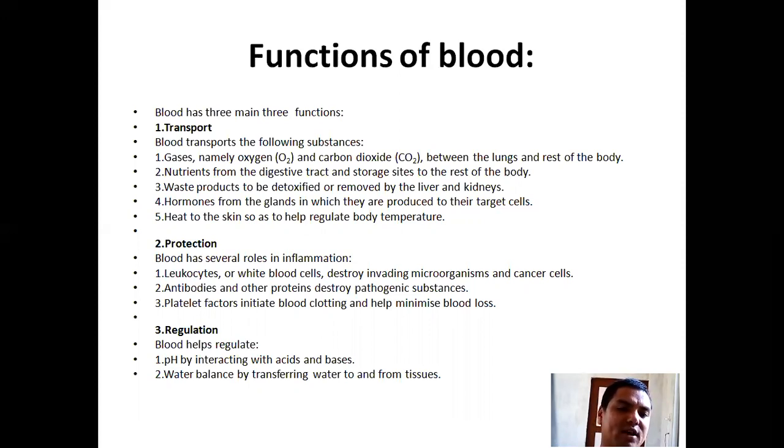It also protects the body from different types of disease; WBC work for that. Antibodies and other proteins destroy pathogenic substances. Platelet factors initiate blood clotting and help minimize blood loss. It also helps in regulation of the pH value of blood and helps in water balance in the body fluid.